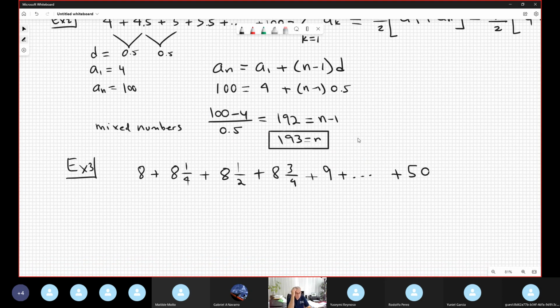The question says first of all, is this an arithmetic sequence, yes or no? And if the answer is yes, what is the common difference? Help me.